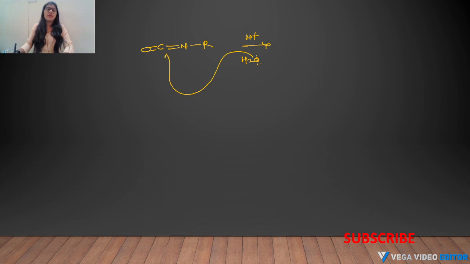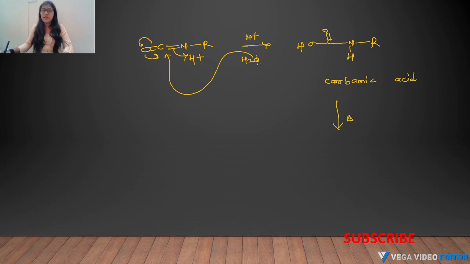Water attacks the carbonyl carbon of alkyl isocyanate, and this bond takes proton from the acid, and we get this compound. The name of this compound is carbamic acid.